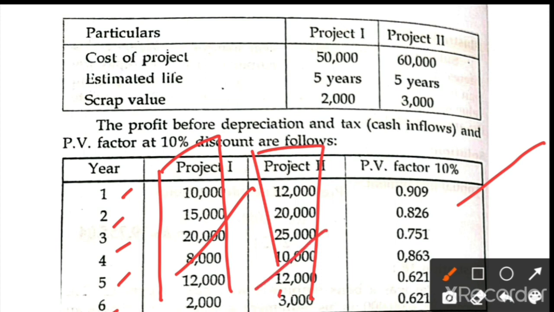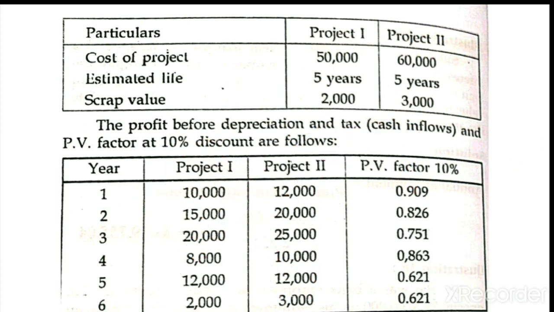Attention please. For project 1 and project 2, the same PV factor means 10,000 into 0.909 and again 12,000 into 0.09. So this is the same for both projects. So this is the given information.